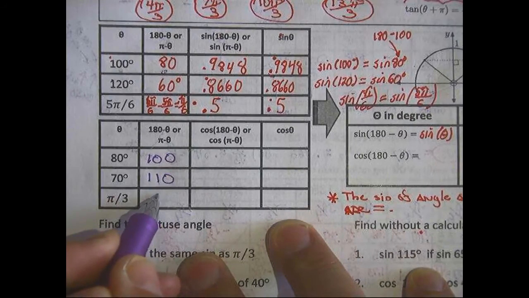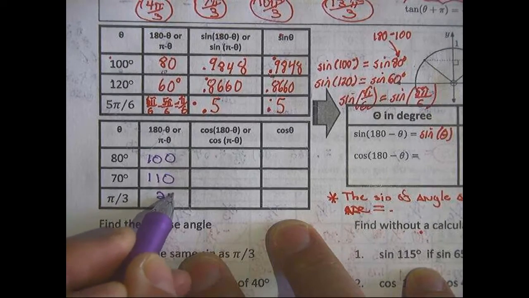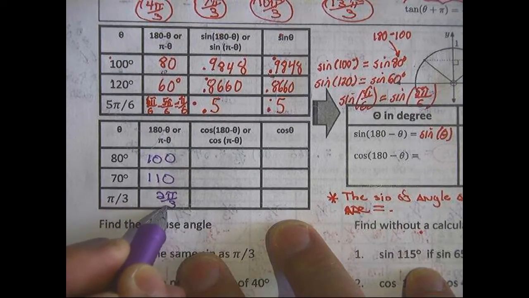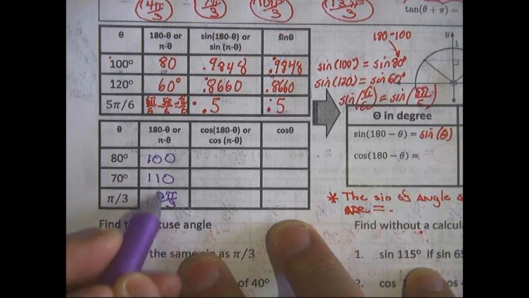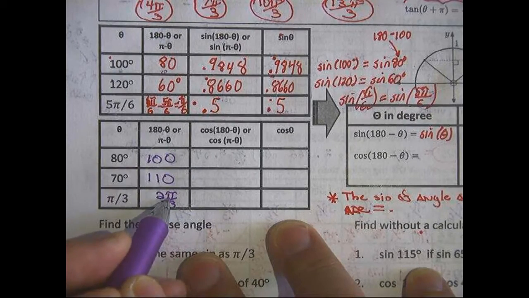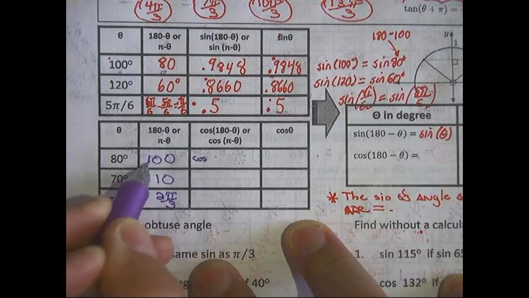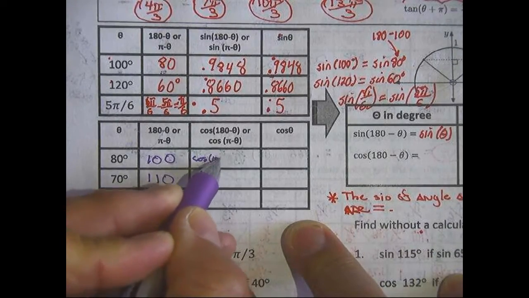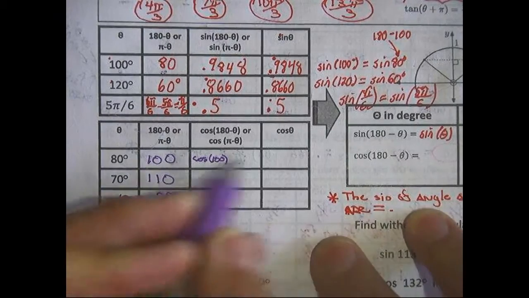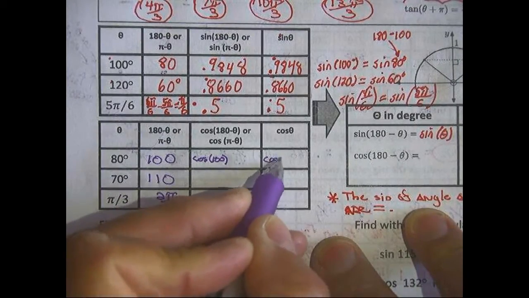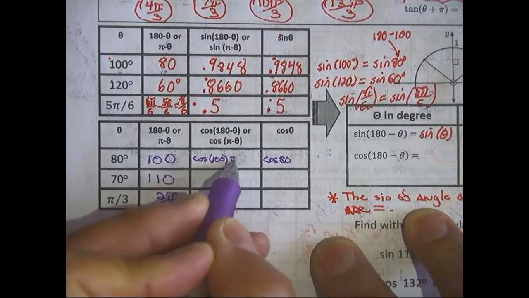And this would be 2 pi over 3. Do you guys see how I'm getting those numbers? So if I did the cosine of 100 and I did the cosine of 80, how do those compare?